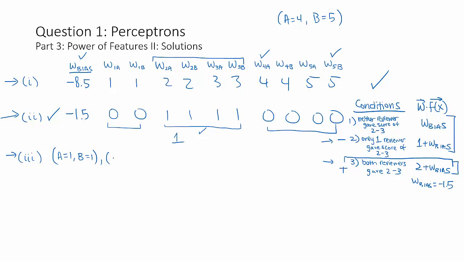The second point would be where critic A gives a score of 2 and critic B gives a score of 2. Critic A gives a score of 1 and critic B gives a score of 2. And critic A gives a score of 2 and critic B gives a score of 1. If the movie succeeds when the reviewers give the same score, then this movie succeeds, this one also succeeds, and the last two don't succeed.